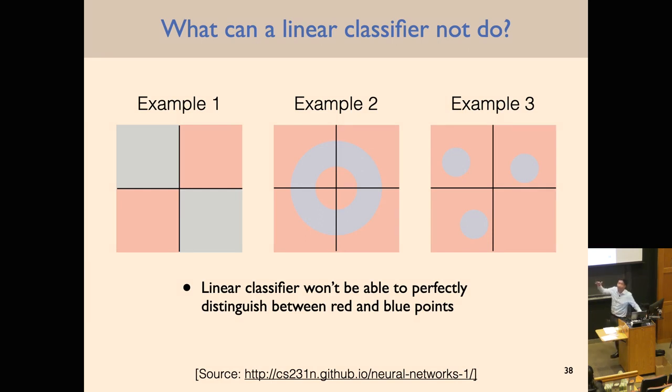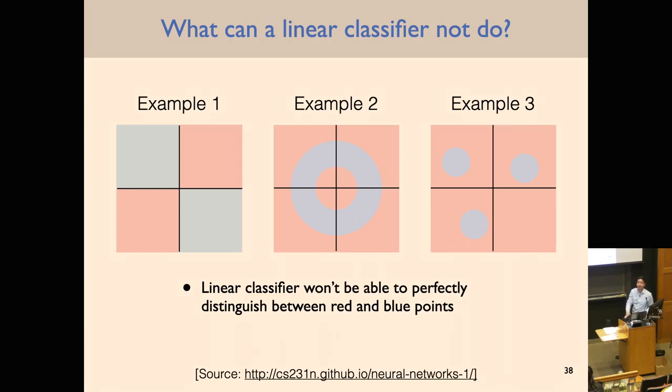So there's no line that separates the red from the blue, right? If you look at the first image, any line that you pick, on one side there's going to be some red and some blue, and on the other side there's going to be some red and some blue. So there's no way to have a line where one side is only red and the other side is only blue. Same thing with the disk.